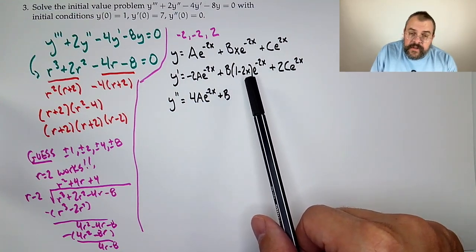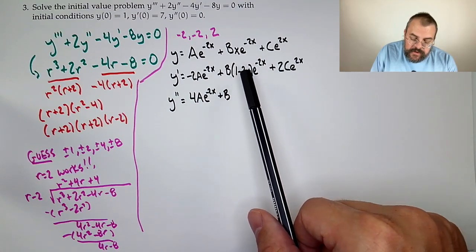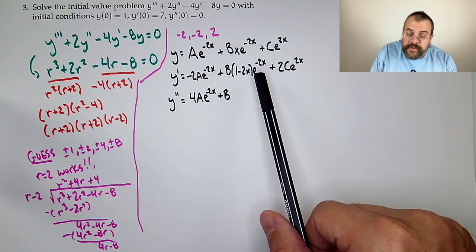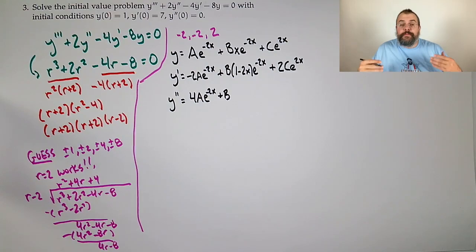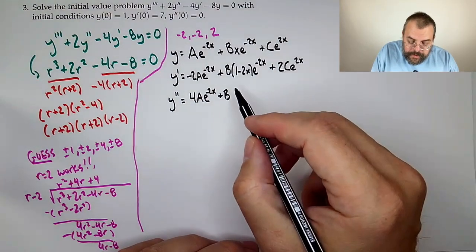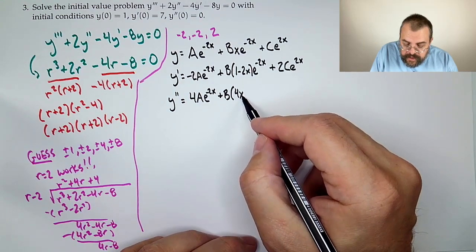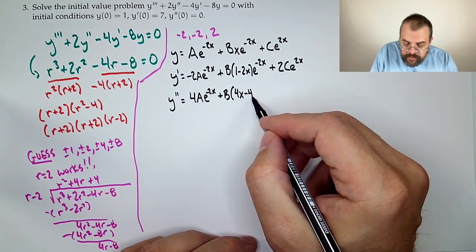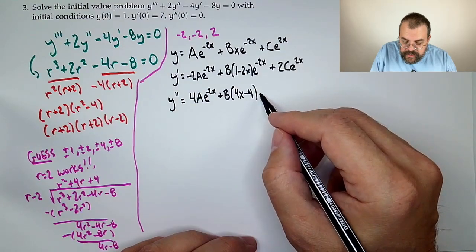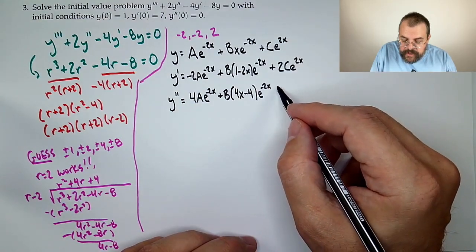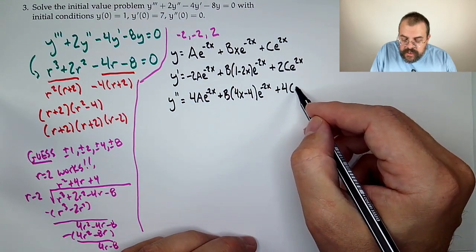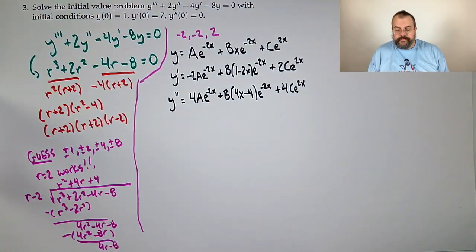The minus 2 comes down, so it'll be minus 2 plus 4x, e to the minus 2x. So when we put those together, what we'll end up with is 4x minus 4, e to the minus 2x, and here, 4c e to the 2x.